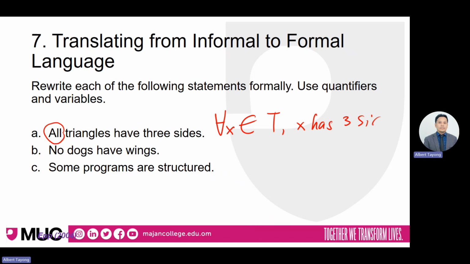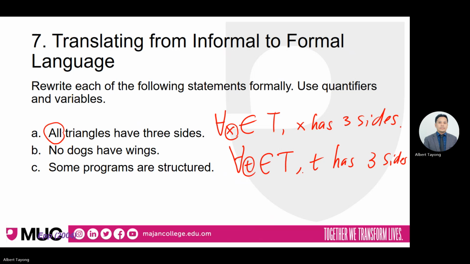You can even do this one, 3 sides, okay? Or you can also use small letter t like this. As I mentioned a while ago, it's also correct. Instead of using X, we use small letter t, and we use also small letter t here. It's correct. But to be consistent, use X, so you will not be confused.